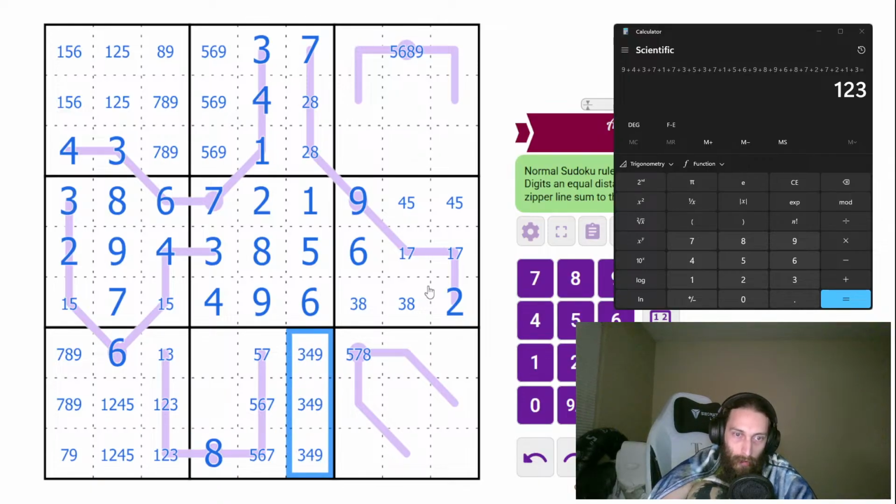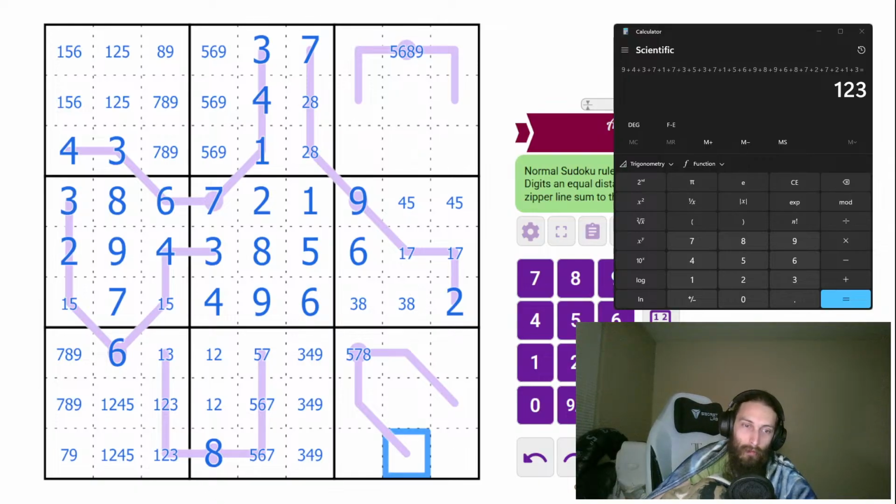Seven, 2, 8, 6, 4, 9, 5, 6, and 7, so 1, 2, 8.